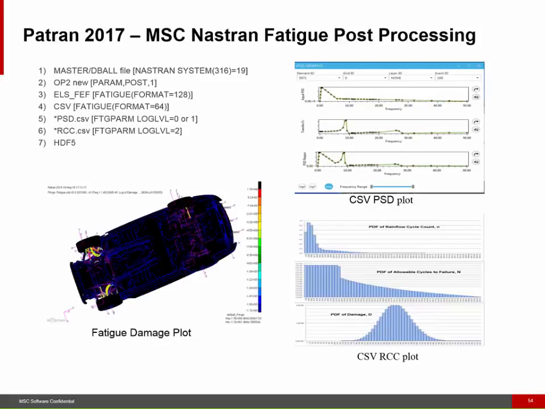There are also two additional CSV files containing, for example, the power spectral densities: the input, the transfer function, and the output power spectral density. Here you see it's easy to identify the peak frequencies in the PSD in order to find the root cause of your fatigue life.